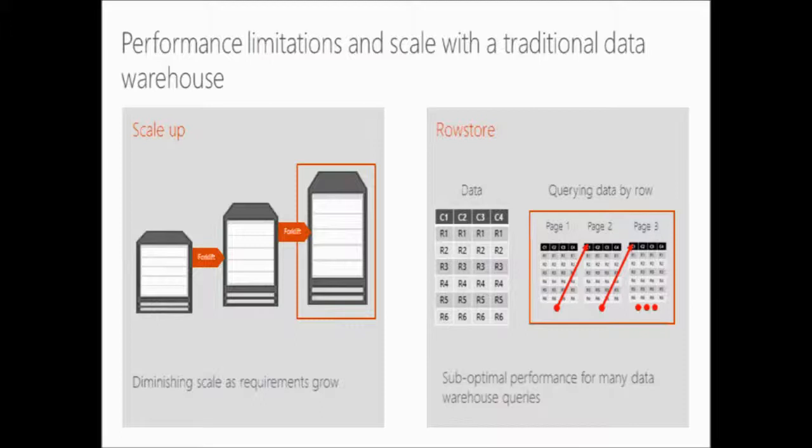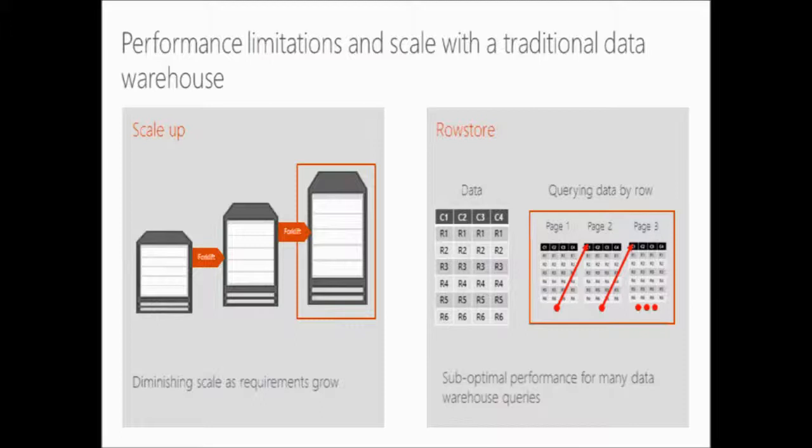Other than that, in a traditional data warehouse, we store our data row-based, meaning that all your records consist of a row, including all the columns in that table. But in terms of analyzing your data, you don't require all your columns.